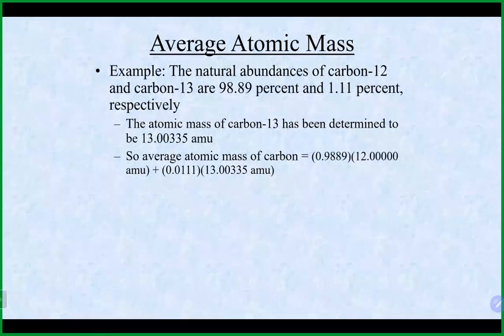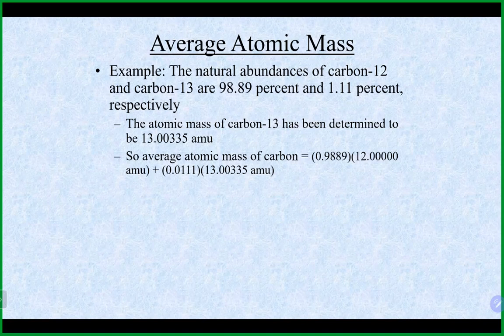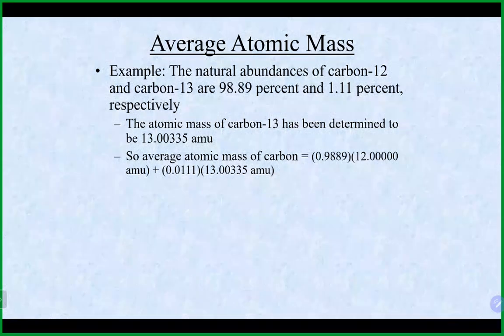The carbon-12 isotope occurs about 99% of the time. The carbon-13 is about 1% of the time. If we wanted to calculate the atomic mass of carbon, we would use these numbers. By the way, we would just quickly look at the percentages, and they do add up to about 100%. So we know we got pretty much all the naturally occurring isotopes.